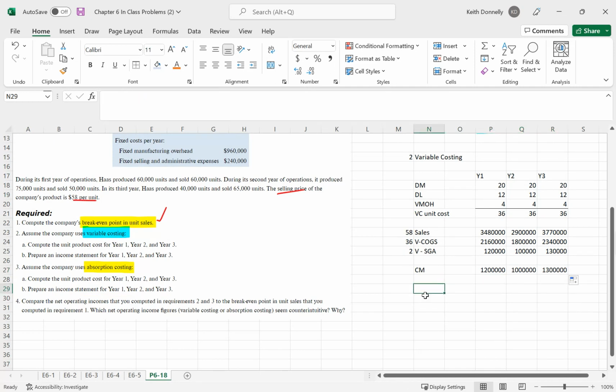Then we have to back out our fixed expenses. We have fixed manufacturing overhead and fixed SG&A, and they're giving us these numbers over here. It looks like it's going to be 960,000 each year and 240,000.